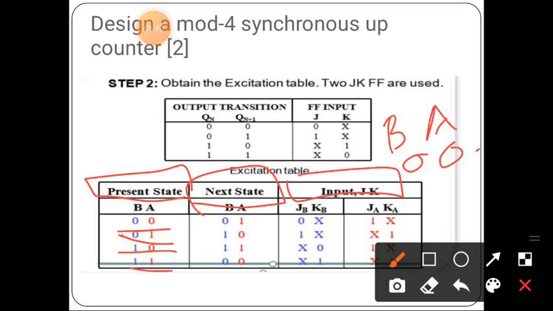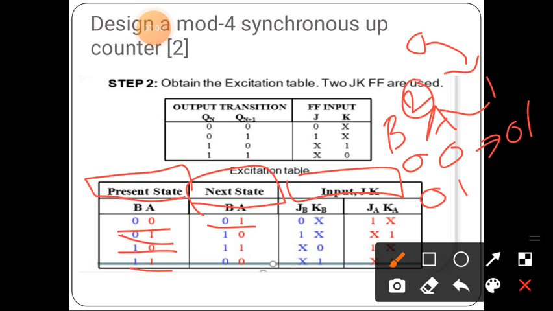If the present state is 00, what will be the next state? In the diagram we know that the first state is 0, then the next state will be 1, so the next state of the flip flops will be 01. Then if the present state is 01, the next state will be 2, that is 10.